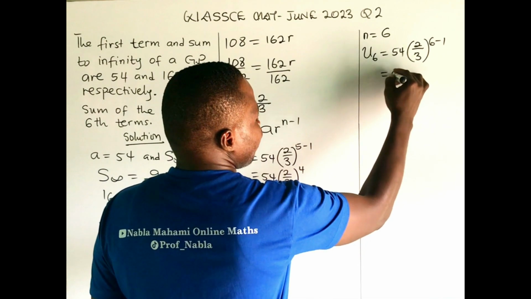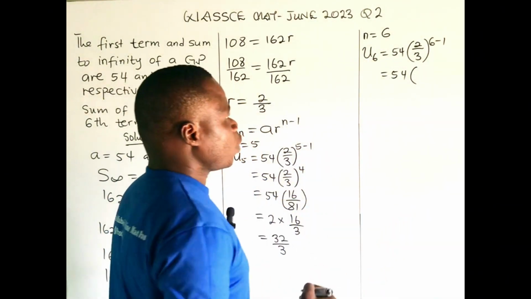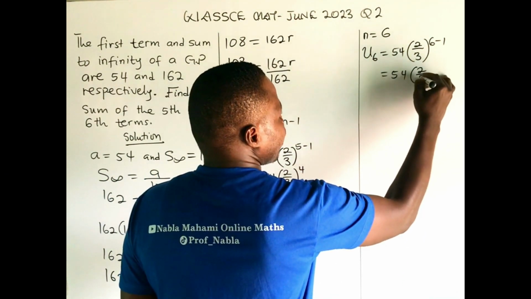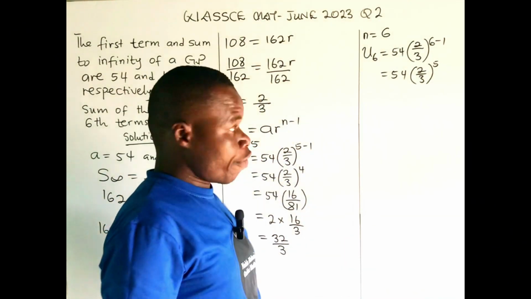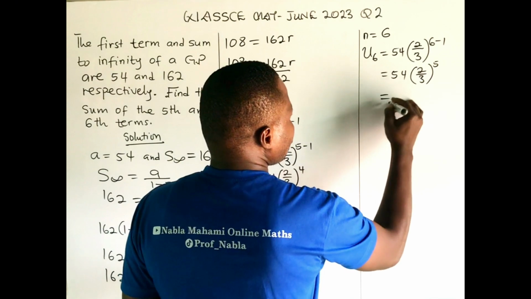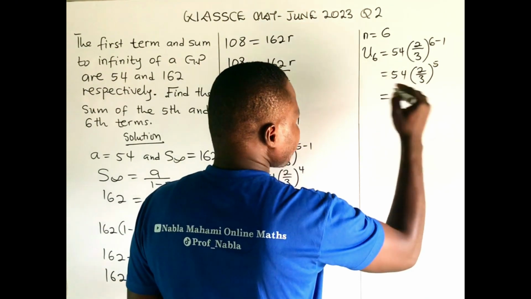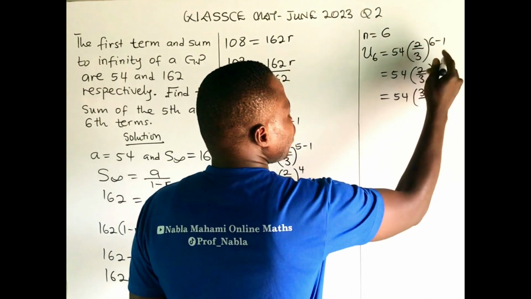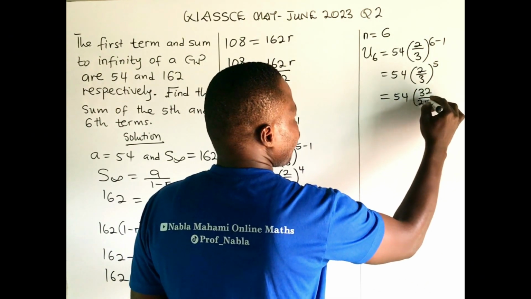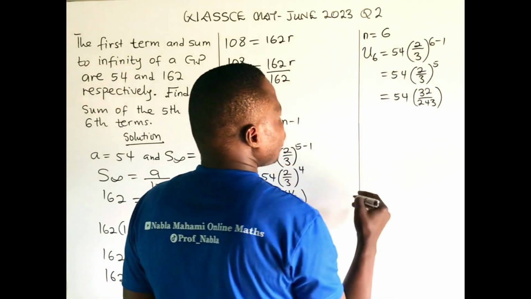And this will give me 54 into 2 over 3 to the power 5, since 6 minus 1 is 5. Then this will be 54 into 2 to the power 5, which is 32, over 3 to the power 5, which is 243.